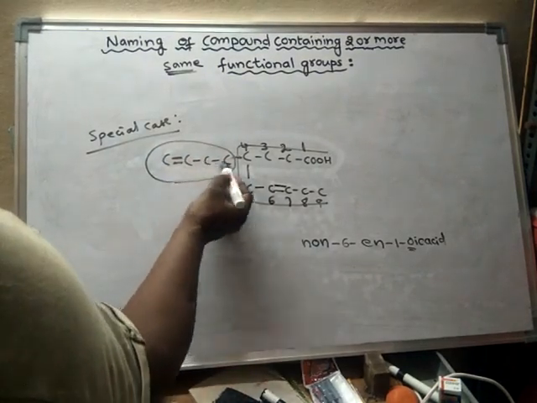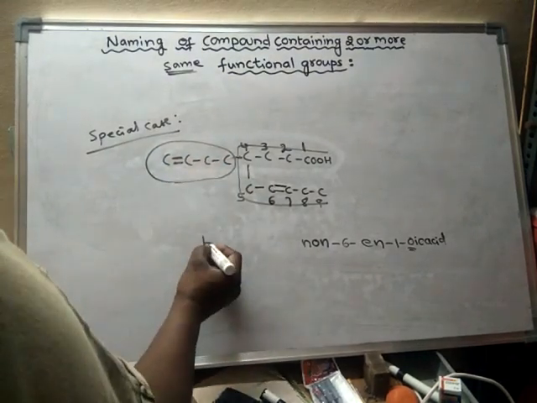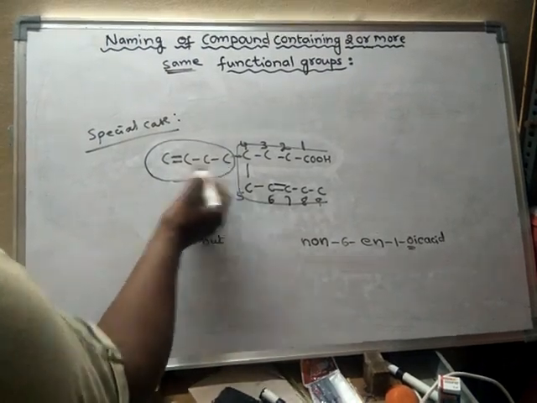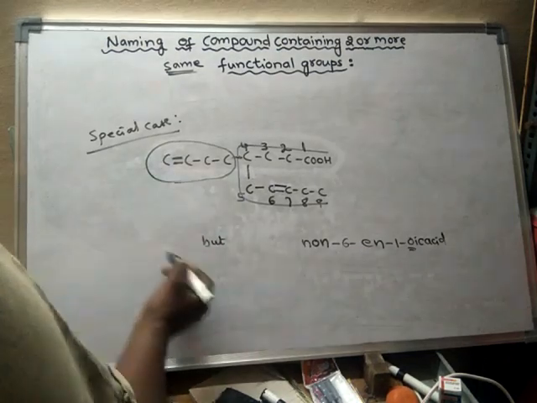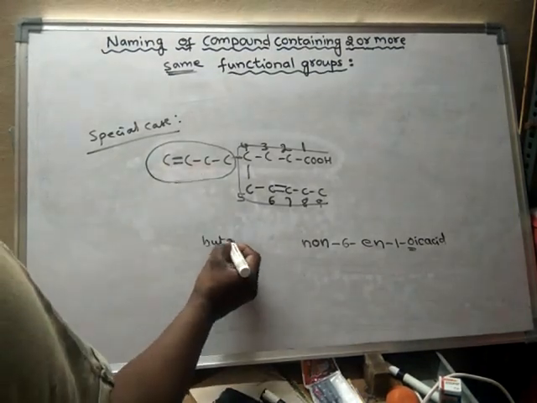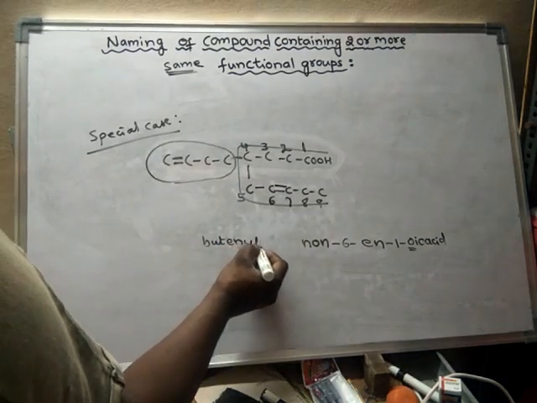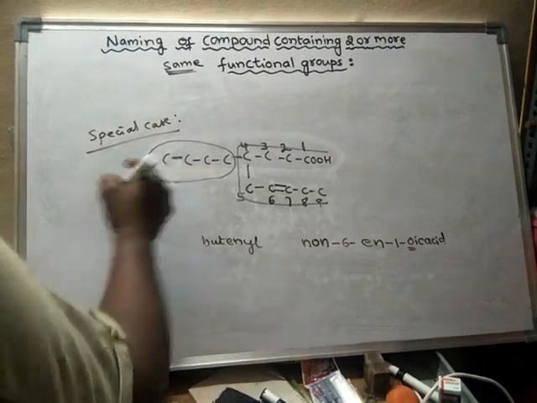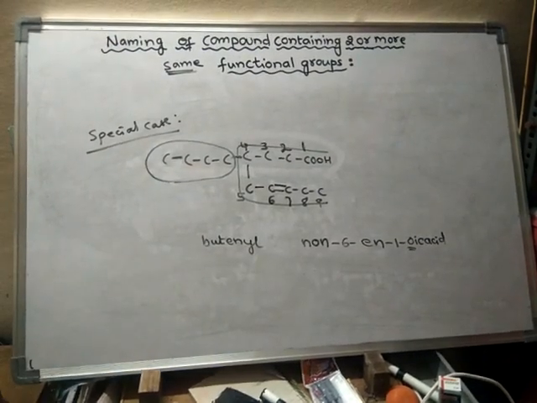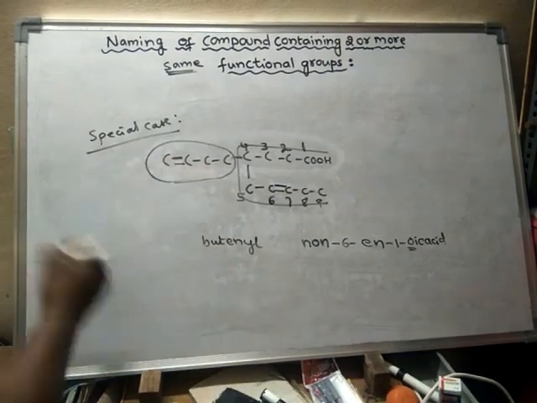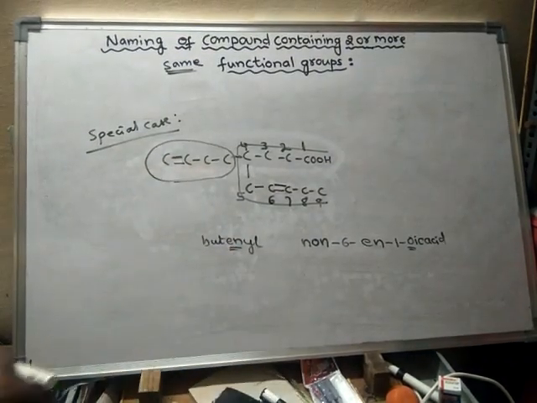How many carbons are there? 4. 4 means butyl. Actually it should be butyl, but as there is a double bond, it is butenyl. Otherwise, we would simply mention it as butyl, but due to the presence of the double bond, we mention it as butenyl.